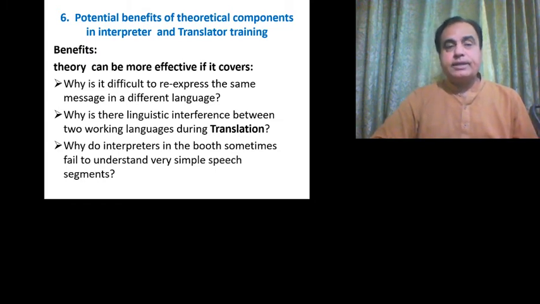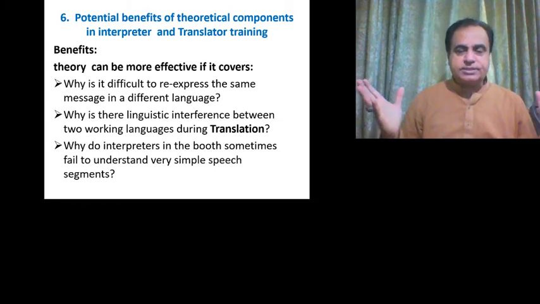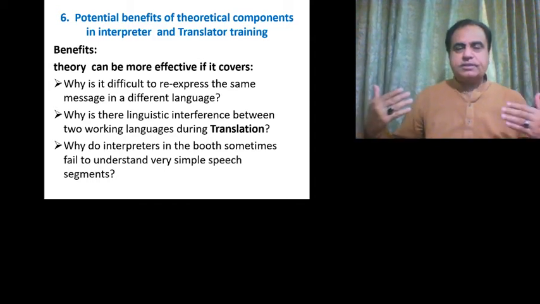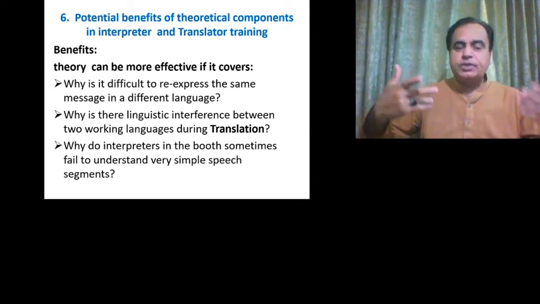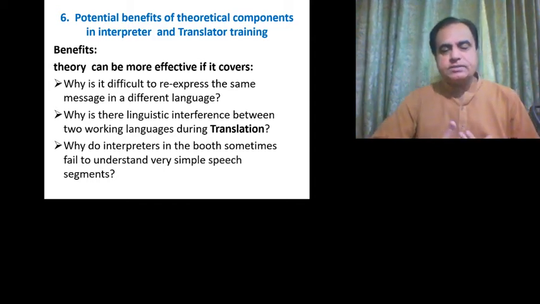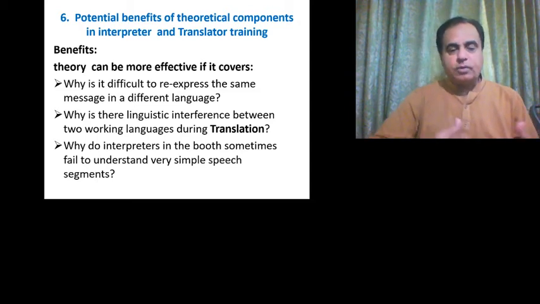There can be many reasons, because the research-based theories provide answers to these situations, and of course by virtue of theoretical knowledge gained inside the classroom, the translators or interpreters, here in this case the interpreter, can solve the problem.